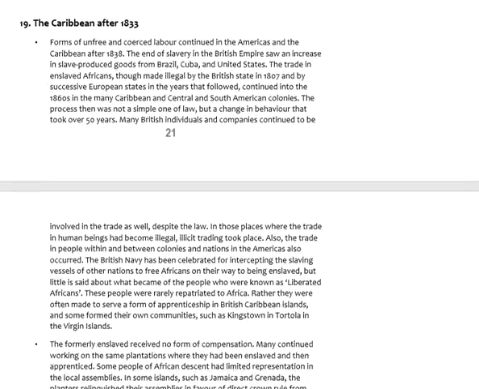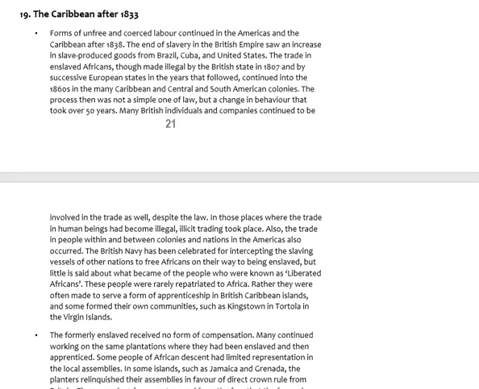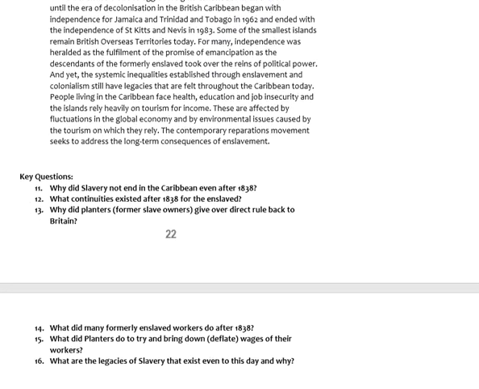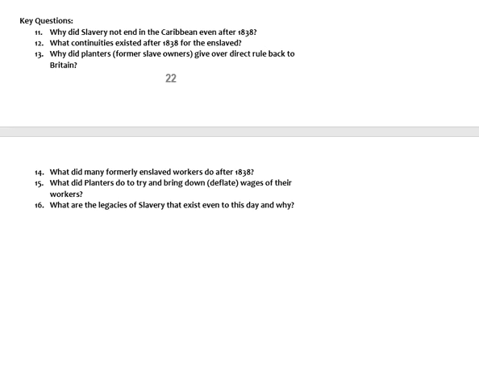And this brings us finally to this question of what the Caribbean was like after 1833. Now, this is a really big question. This is one of the questions that we're going to be looking at in our study, because in the common understanding, slavery ends and people are free. However, we know at the time that the conditions of being a black Jamaican after emancipation were far from sufficient.